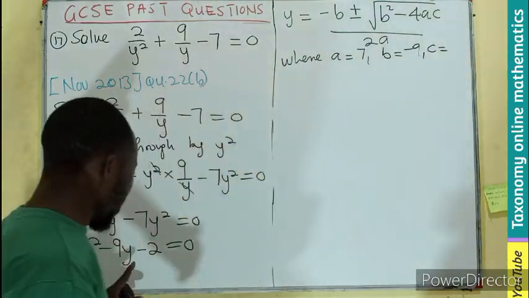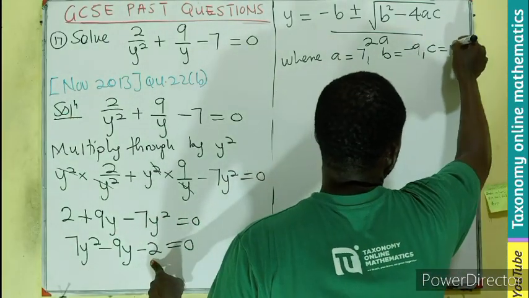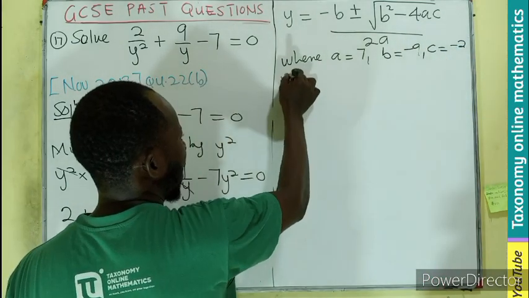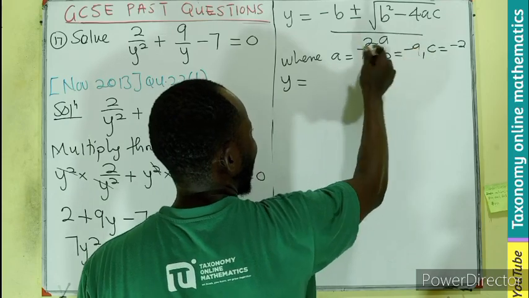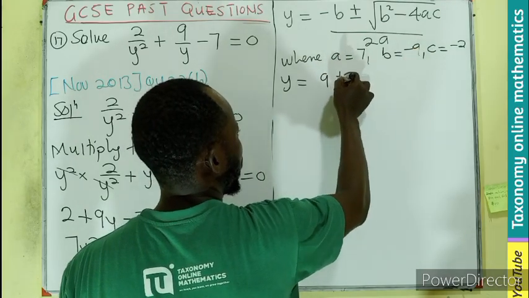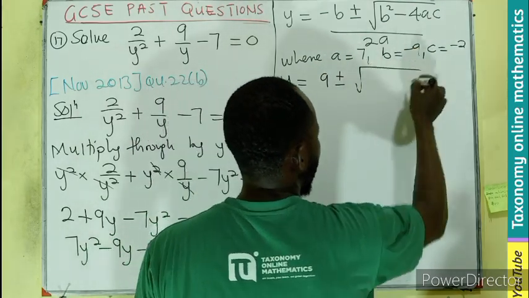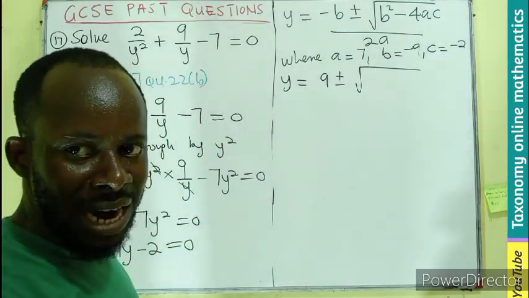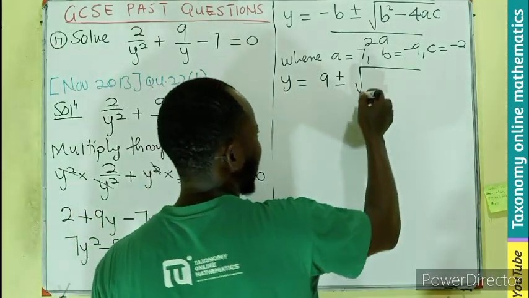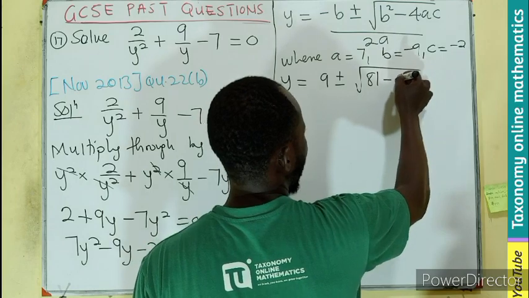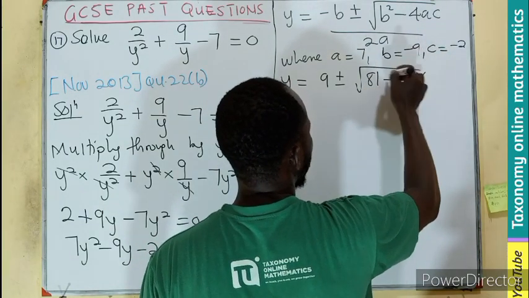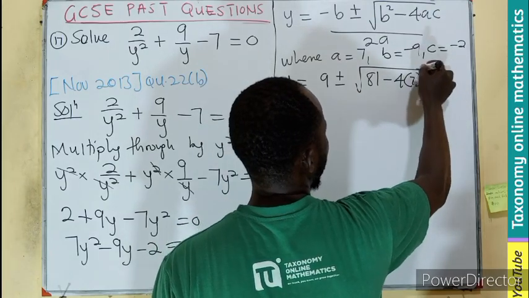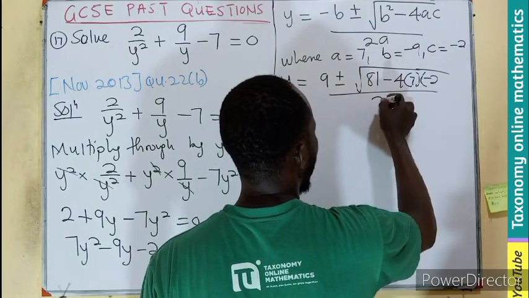The value of c is the constant term, minus 2. So by substitution, minus minus 9 will be 9, plus or minus the square root of minus 9 squared, that will give us 81, minus 4 times a, where a is 7, c is minus 2, all divided by what?